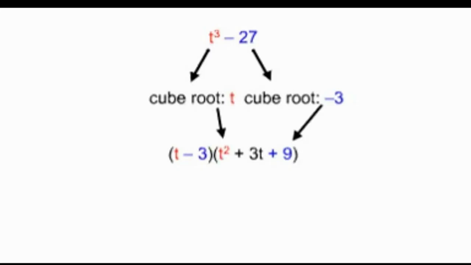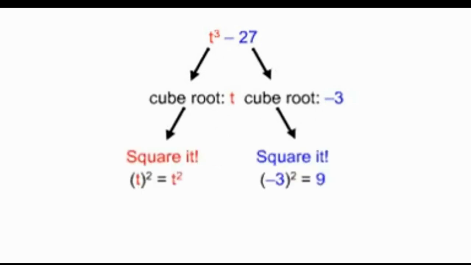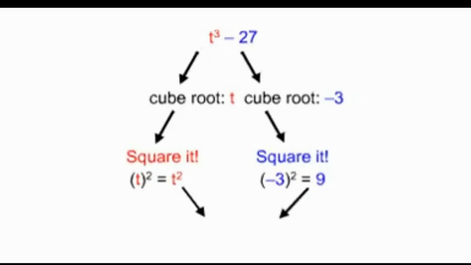Do you see any relationship between t and t squared? Do you see a relationship between the cube root negative 3 and 9? You got it! If you square t and square negative 3, you'll get the first and last terms of the trinomial.